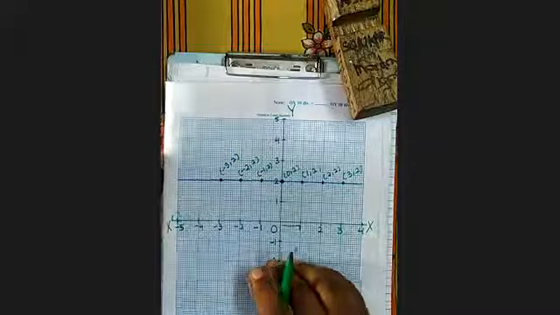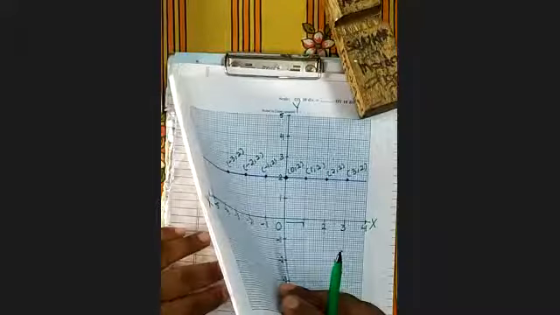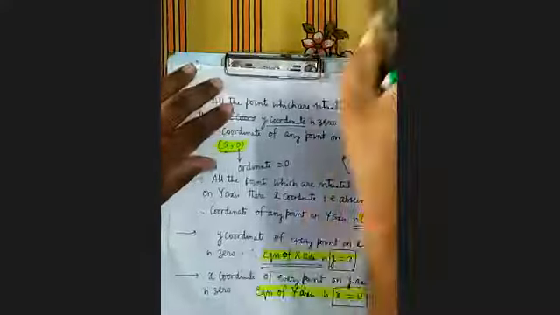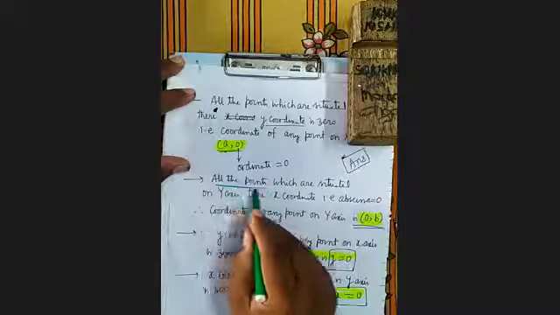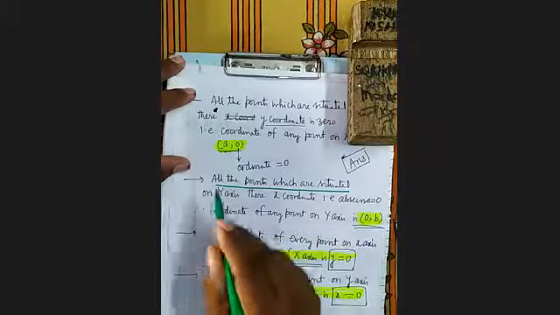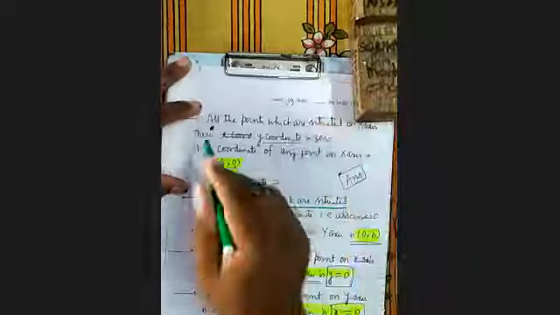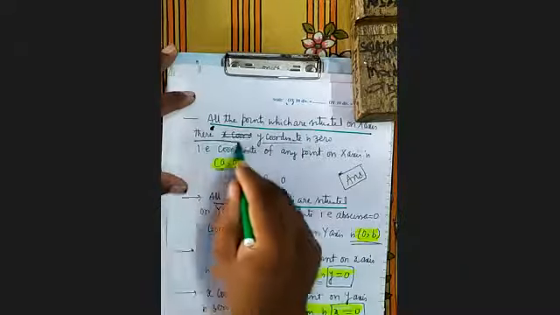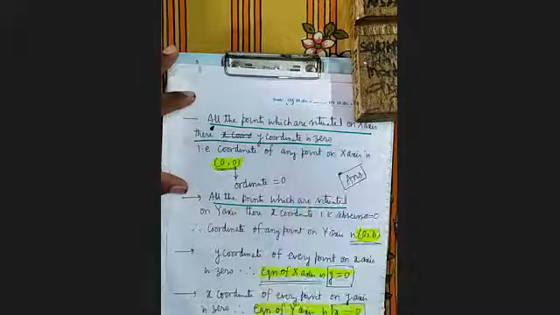Now see here. Here just now I have written one thing. You can see here all the points which are situated on the x-axis, their y coordinate is 0. It's clear.